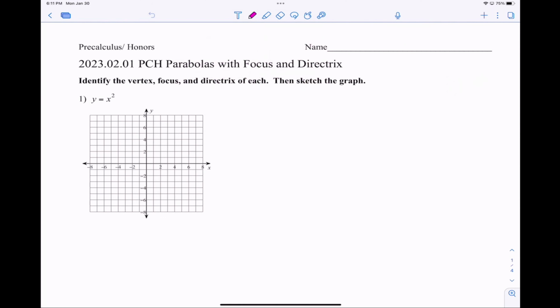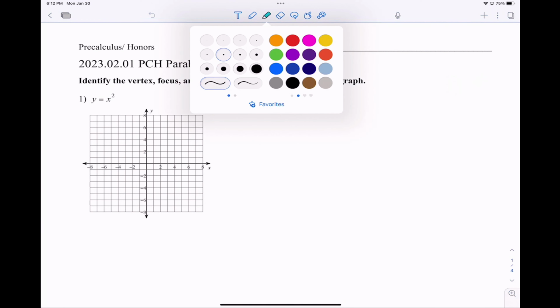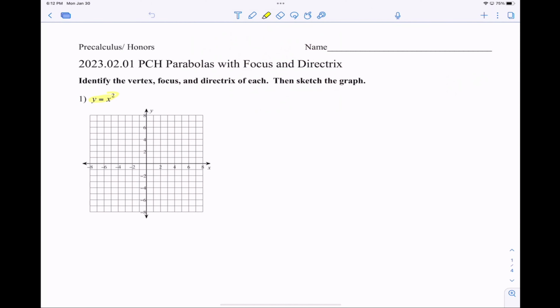Okay, so we're going to talk about parabolas. Now, you've seen parabolas before, but not in the context of conics. So I'm starting with a very simple parabola, which is of the form y equals x squared. Hope you've seen it before. It's probably the first parabola you ever saw.